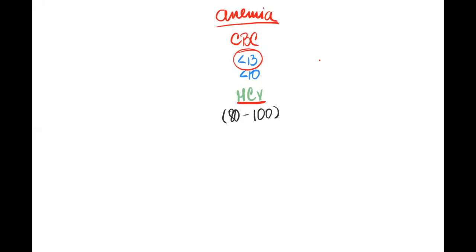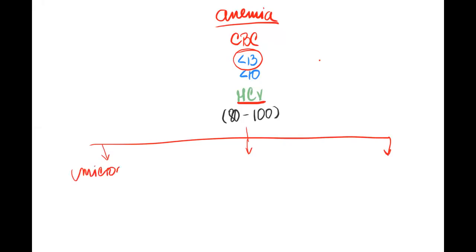So we are going to get three kinds of anemia: microcytic anemia, normocytic anemia, and macrocytic anemia.